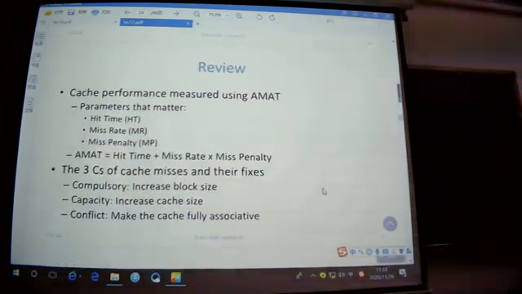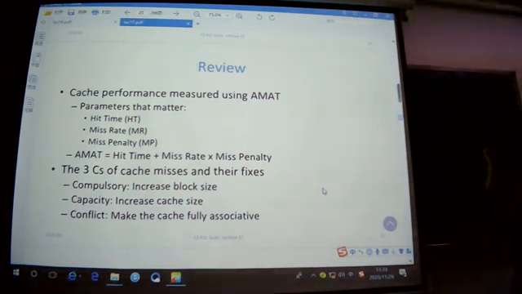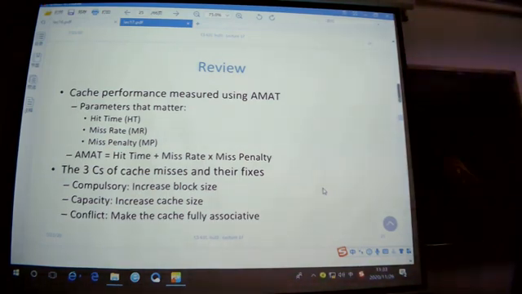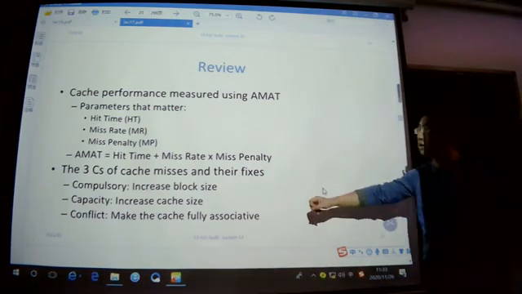Okay, cache performance is measured using AMAT. So you can find AMAT is a very important time for cache. So we can use AMAT to compare some caches. If we have a lower AMAT, we have a more powerful cache. So we can find time is very important.